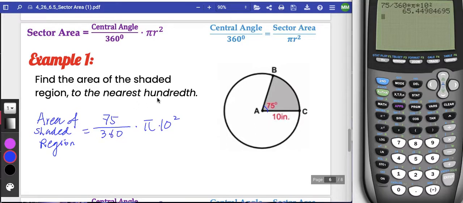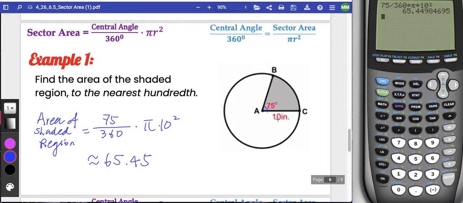Now let's check the rounding part. The question says we are going to round to the nearest hundredth, which means we keep two decimal digits. So it's 44, but since the third digit, which is 9, is greater than 5, we round it up. So the answer is going to be this curly equal symbol, meaning approximately, since we rounded it, 65.45.